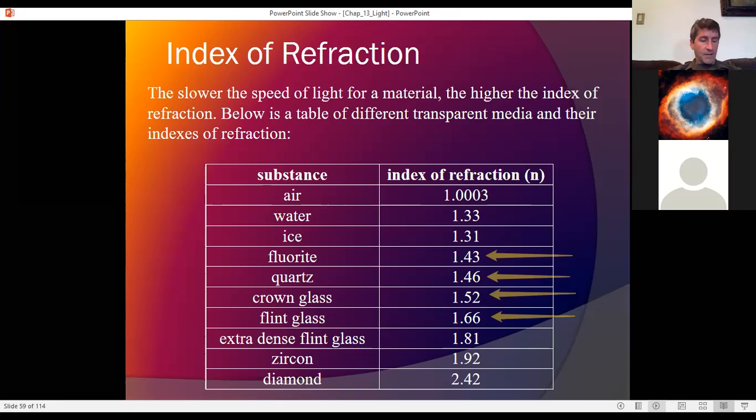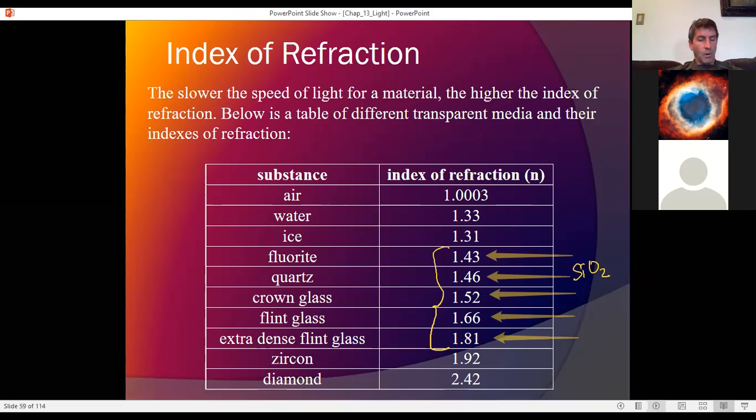Extra dense flint glass, so you can see even what we call glass itself can have a wide range of indices of refraction depending on what we put in the glass. If it's just pure silicon dioxide quartz, that index of refraction will be about 1.5.